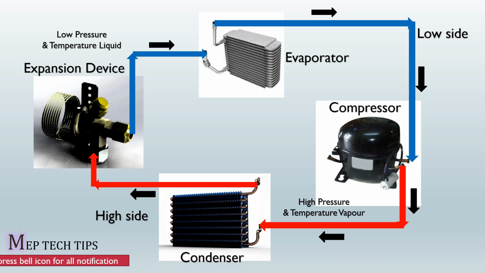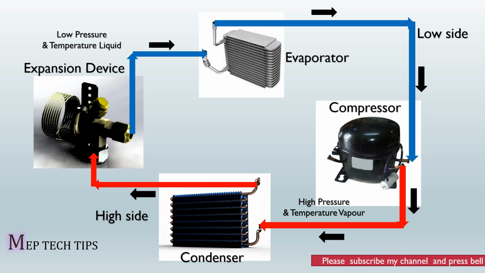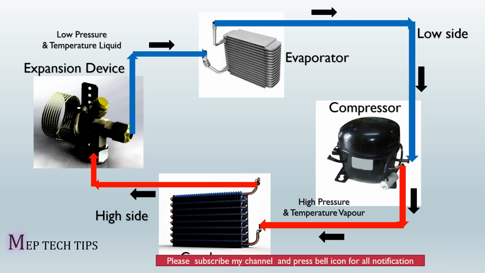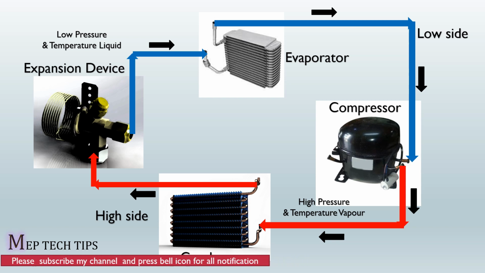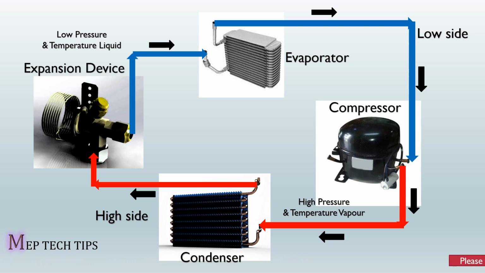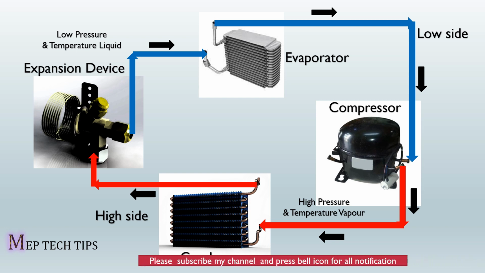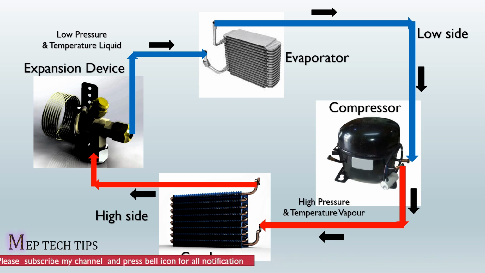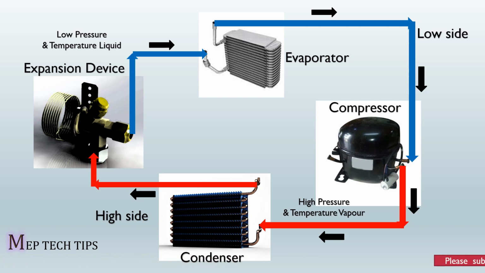The condenser is designed by the manufacturer to pick up heat equal to the latent heat. Latent heat means change of phase; when it comes out, it will be in liquid form, at high temperature and high pressure. So it changes phase due to the latent heat. It becomes liquid here.